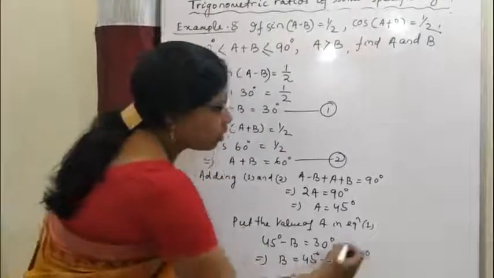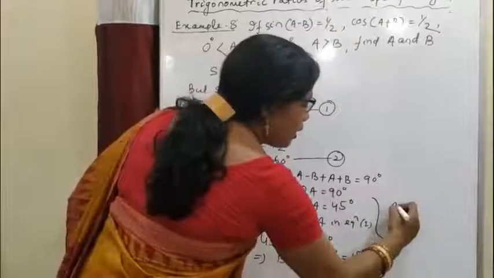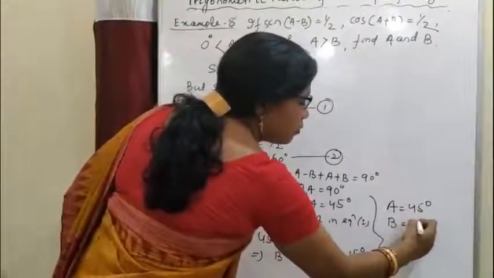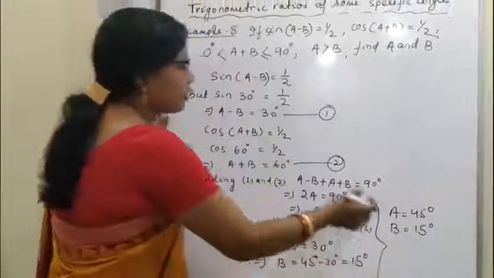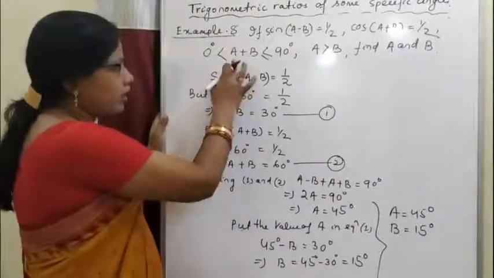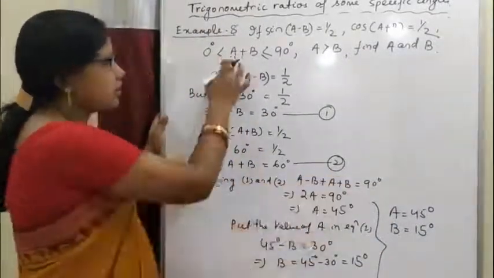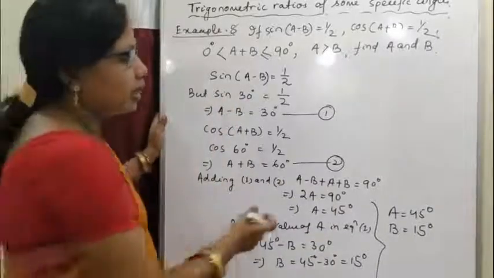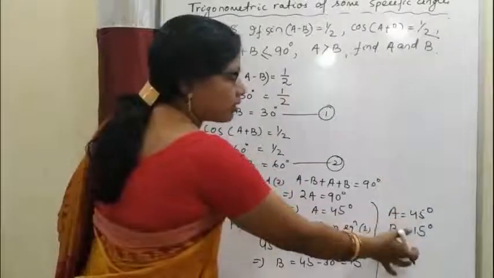Here we got A is equal to 45 degree and B is equal to 15 degree. Our condition is also satisfied: A plus B is 60 degree, that is greater than 0 and less than 90 degree, and also A is greater than B.